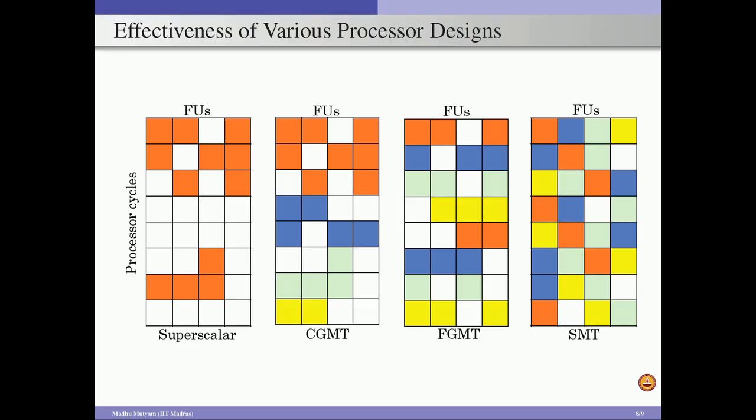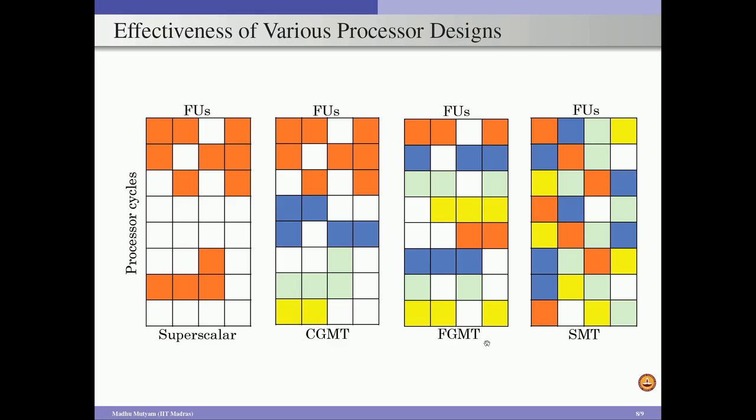But in a single processor cycle, we fetch and issue instructions from a single thread. So, if we are not able to identify enough ILP in that particular thread, then we waste functional units in that cycle, and that is what we can see here. There are still some empty boxes that indicate that some of the functional unit cycles are wasted.